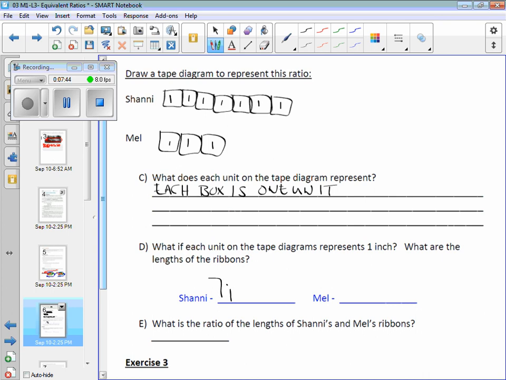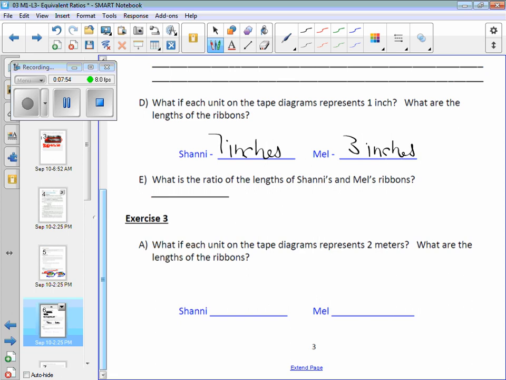You got it. Write that down. And if each box is 1 inch, then what's our ratio right now, if it's in inches? Andrew, 7 to 3.